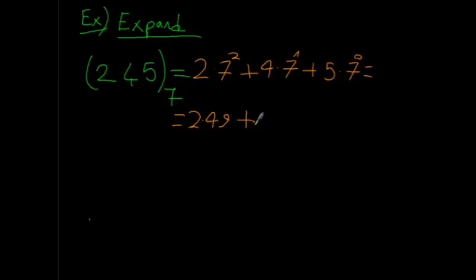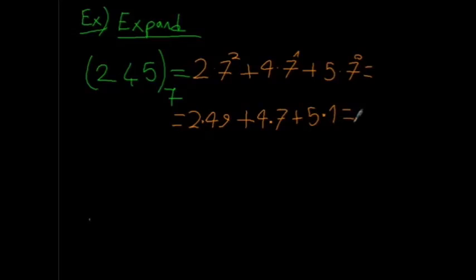249? Make it visible, 2 times 49. It's not 249. It is 2 times 49 for the people who cannot read his handwriting. And the second one is 4 times 7. The third one is 5 times 1.